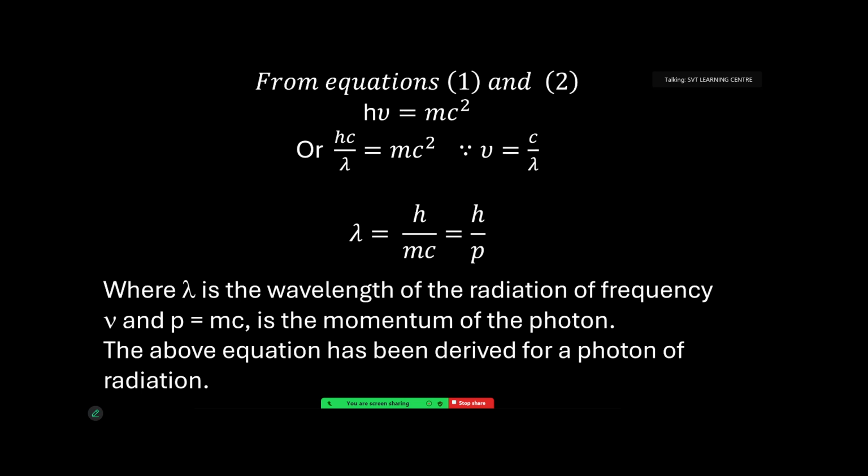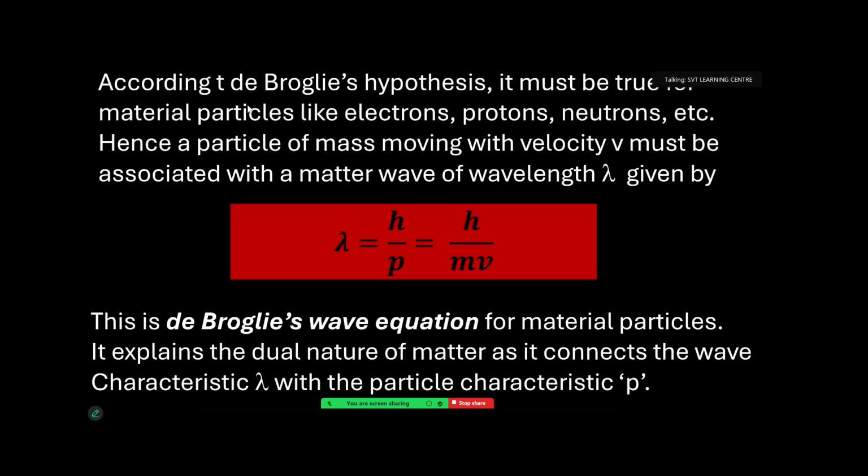Now, till now we are only talking about waves. The above equation has been derived for a photon of radiation mu. Now, according to de Broglie, it must be true that material particles like electrons, protons, and neutrons, etc., moving with a velocity v must be associated with a matter wave of wavelength lambda.